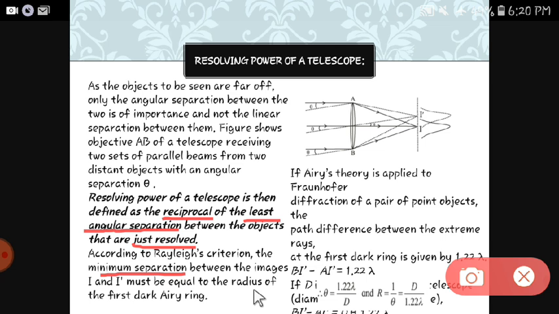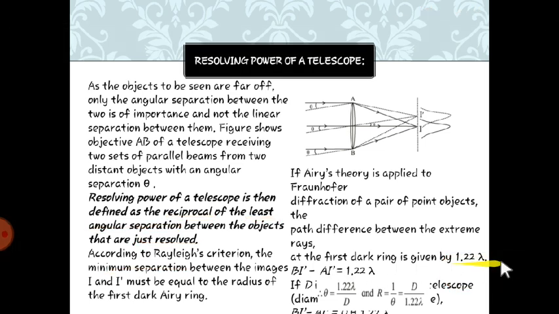If Airy's theory is applied to Fraunhofer diffraction of a pair of point objects, the first dark ring is given at 1.22 lambda, as we just saw when we considered the two concepts together. Now what will be the path difference?